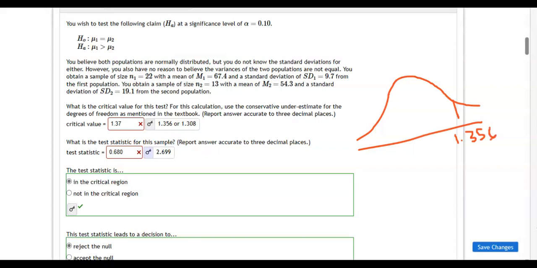And certainly 2.699 is in this region over on the right, so it is in the critical region, so we reject the null, which means, of course, that we have enough evidence to show that this alternate is true. And hopefully that will help you get through these.